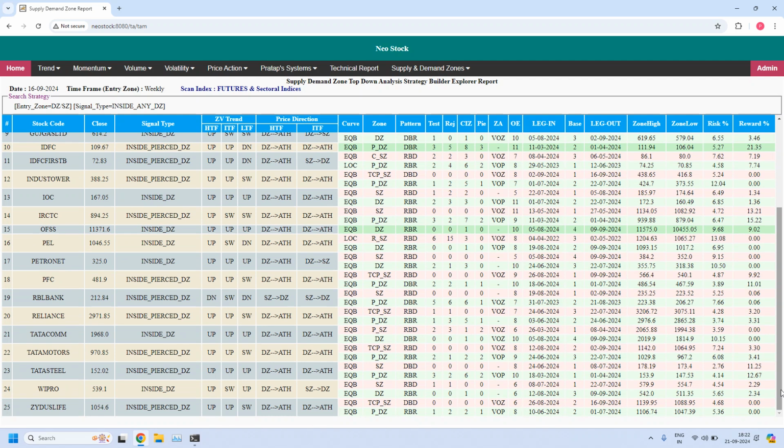In total, 25 stocks are filtered. From these 25 stocks, we can understand that prices are currently closed inside these weekly demand zones. All these are weekly demand zones and supply zones. For each stock you may find a demand zone and a supply zone. For a few stocks you find only demand zones. They are all-time high demand zones, and they don't have supply zones. That is how you need to understand it.